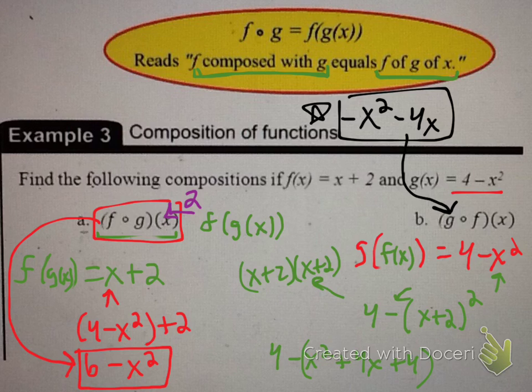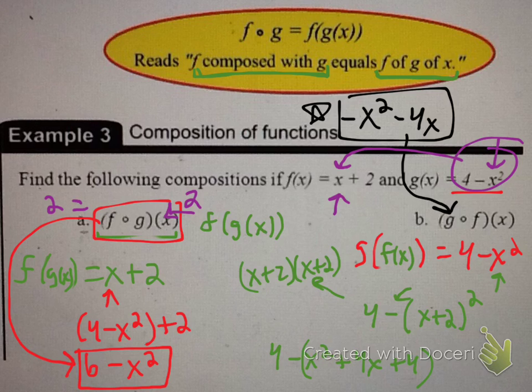What that means is I'm going to take 2, plug it in for the g of x function, and then when I get that answer, take that answer and plug it into my f of x function. So 2 squared is 4. 4 minus 4 is 0. If I take 0 and I plug it in for x, I get 0 plus 2, which is 2. So f of g of 2 equals 2.